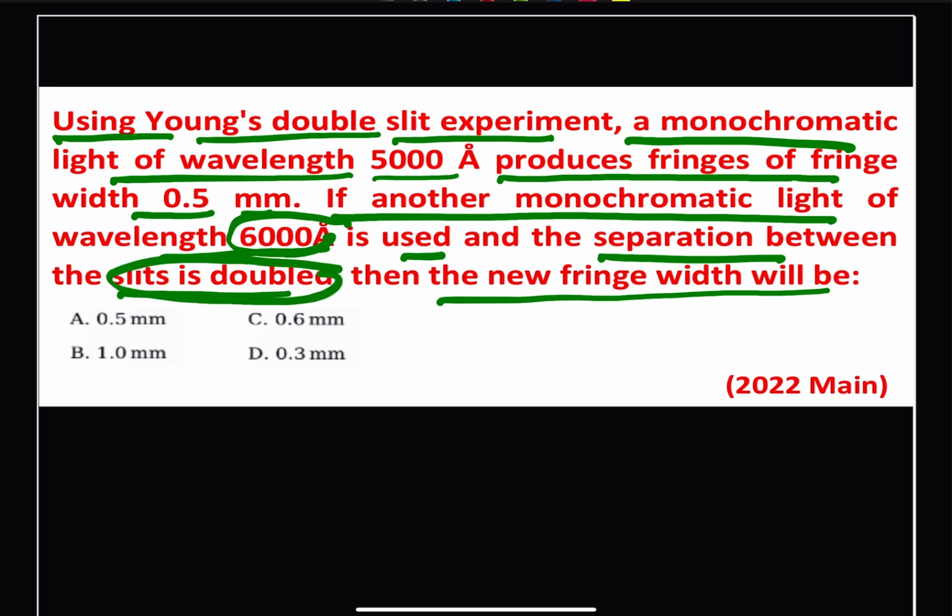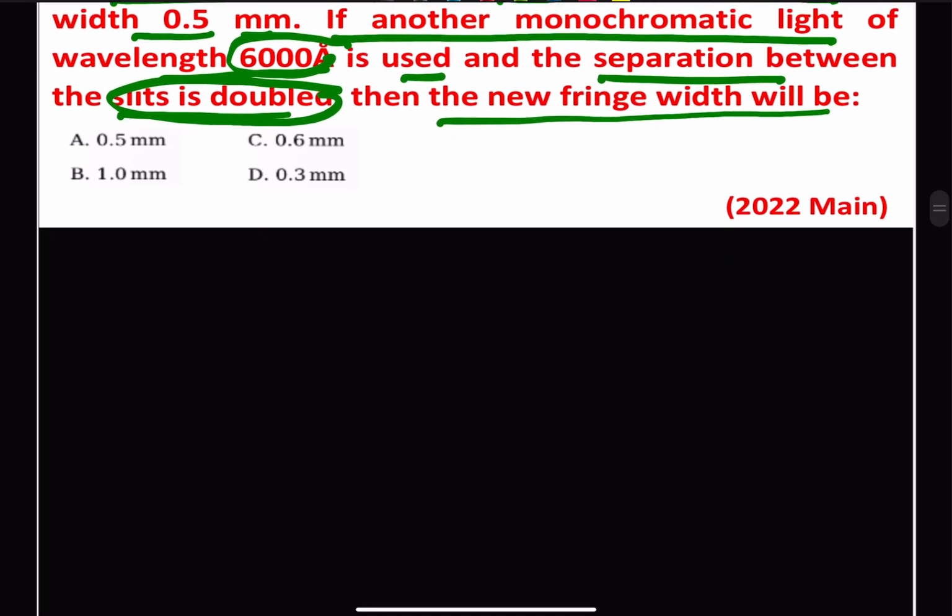So we have two wavelengths. You can say our lambda 1, that is given to us as 5000 angstrom, into 10 to the power minus 10 meters. We have our lambda 2, that is 6000 angstrom, into 10 to the power minus 10 meters, and initial fringe width, that is our beta 1, is given to us as 0.5 mm.